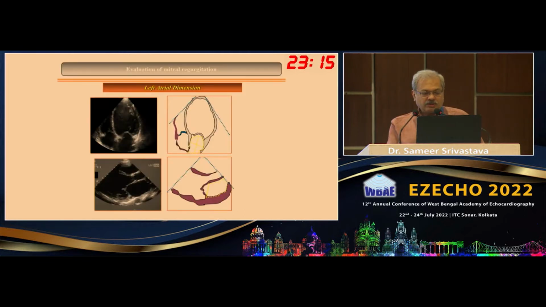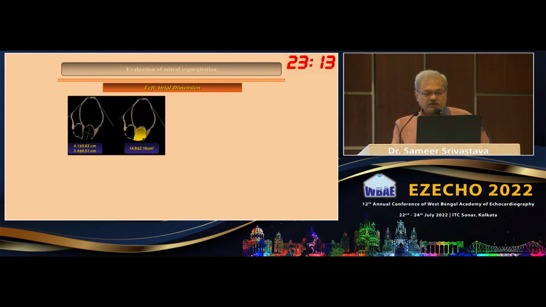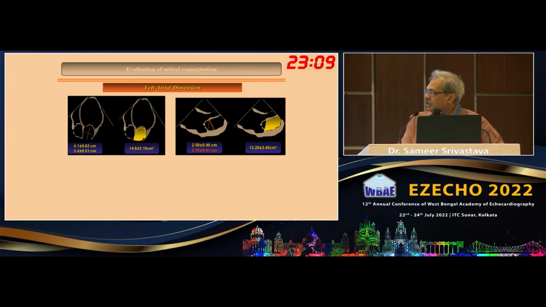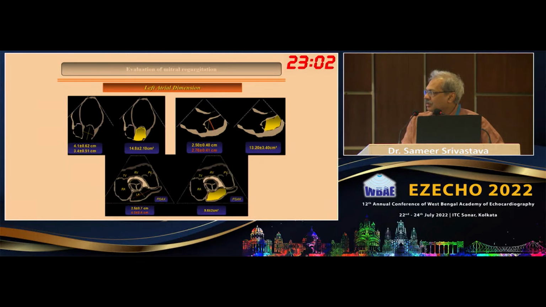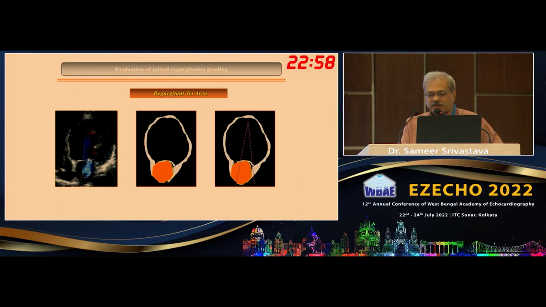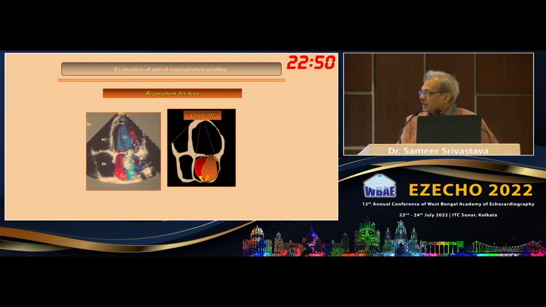Not only that, you can measure the area and jet percentages. This is how you do it in 4-chamber, in parasternal, and in short axis. You can really quantify the percentage of leakage depending upon the regurgitant jet area and left atrial area.